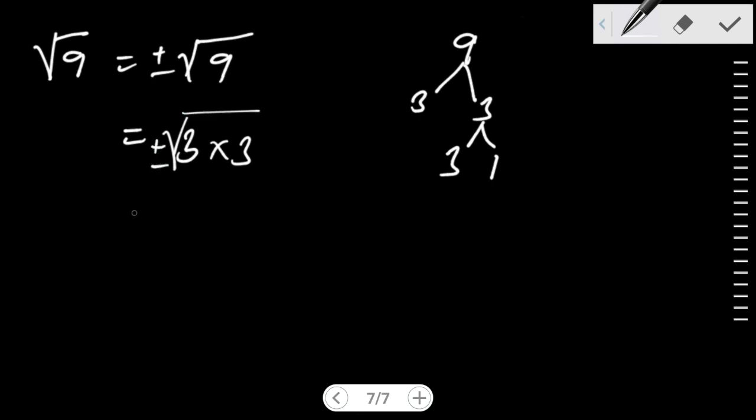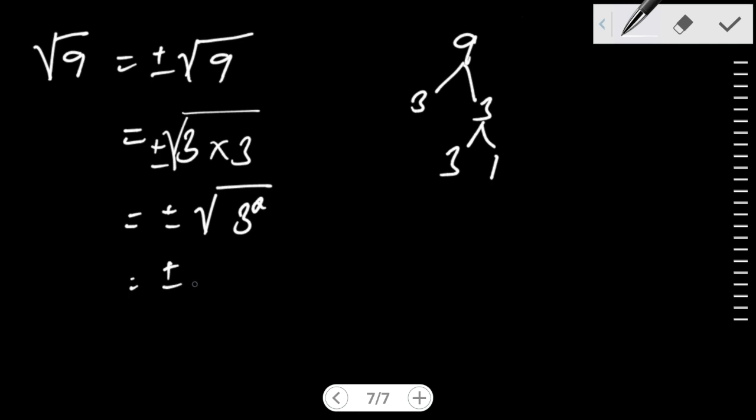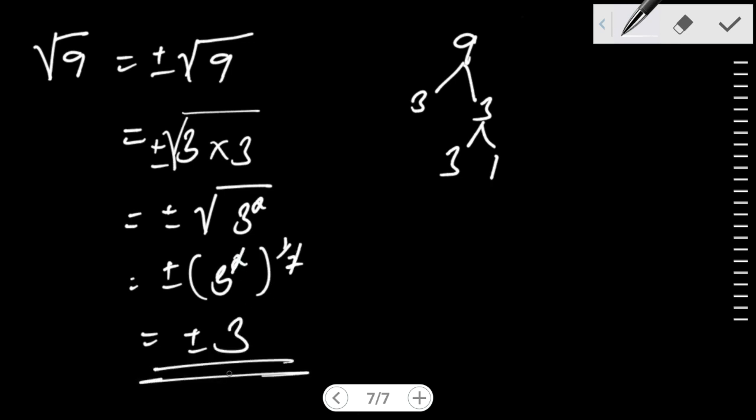So this would be equal to positive or minus the root of 3 squared. And therefore, this would be equal to positive or minus 3 squared to the power 1 out of 2. And therefore, this goes with this, and it would be 3. And therefore, this is the square root of 9.